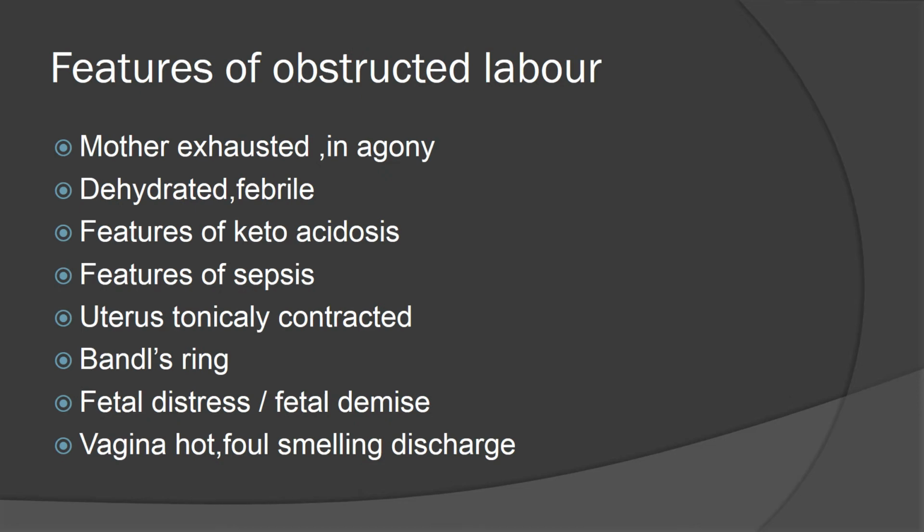Coming to the features of obstructed labor, these patients will be in labor for a long time. There can be prolonged rupture of membranes. These mothers may be exhausted due to prolonged labor pain. They may be in agony and dehydrated, and she may be febrile either due to dehydration or maybe due to sepsis.